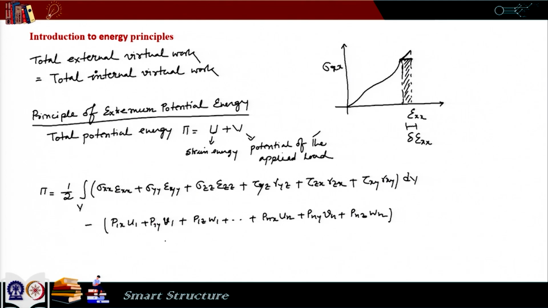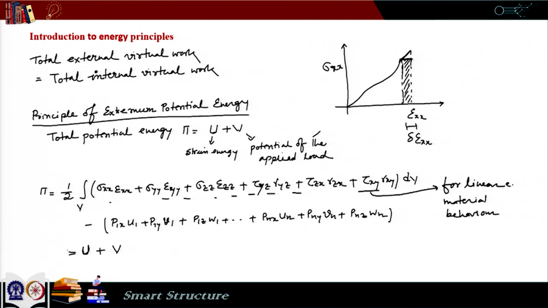So, the first quantity is our U, the strain energy, and the second quantity is our potential of the applied load. And again, as I said, this quantity is for linear elastic material behavior.